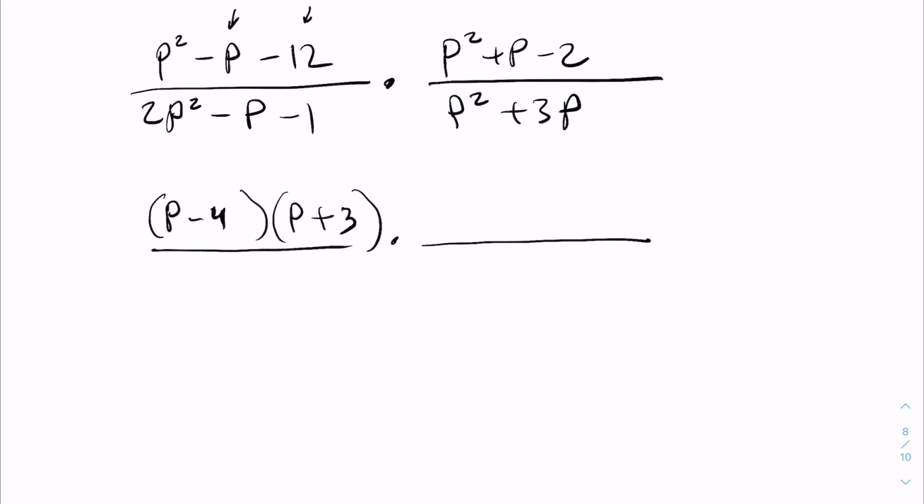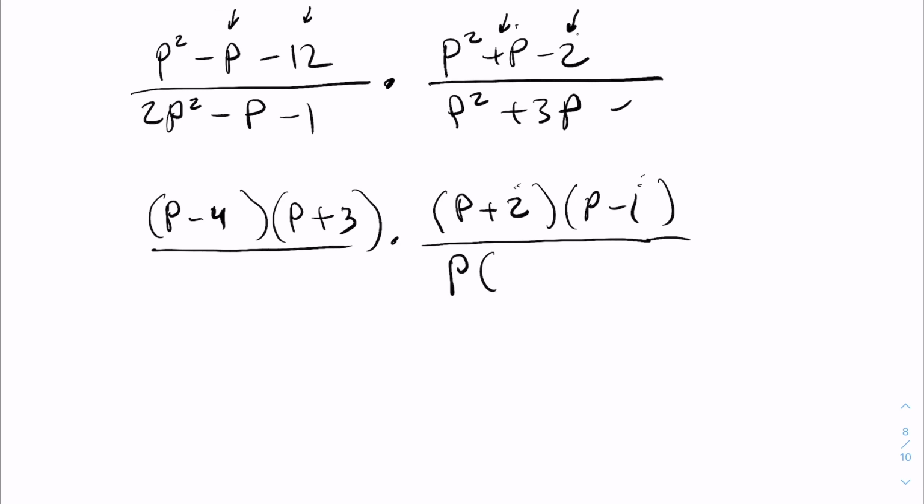How about this one? What multiplies to negative 2 and adds to positive 1? How about p plus 2 times p minus 1? Let's see. 2 times negative 1 is negative 2, and 2 plus a negative 1 is positive 1. Perfect. Let's take a look at the bottom denominator. It looks like there's a common p that gets factored out, so we're left with p plus 3.